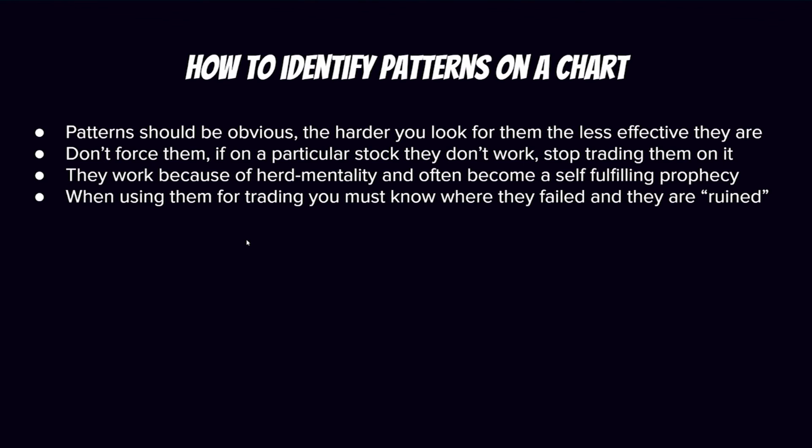So you will never know, but ideally the best flags are those that keep happening over and over again on a stock. Same goes for the wedges or cup and handles and so on.